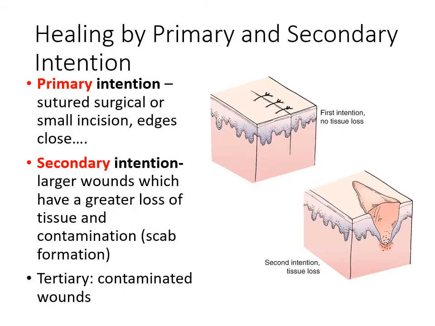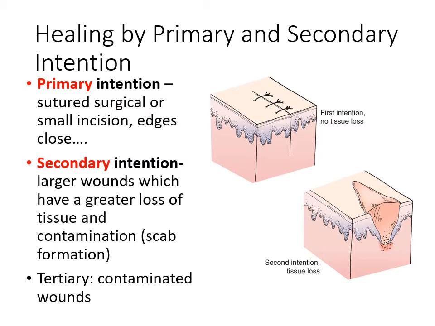Okay, so what are we referring to when we're talking about primary and secondary intention of wound healing? Primary intention is where you have a wound and the wound is sutured back together, or the edges are brought back together, say with skin glue or what are called steri strips, just to keep the wound together.